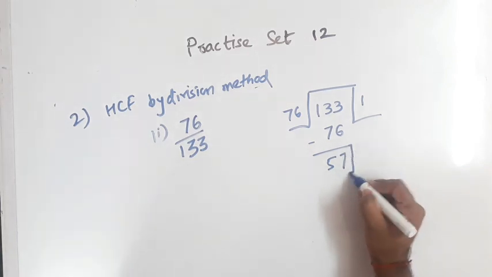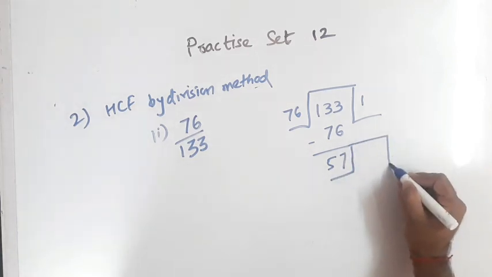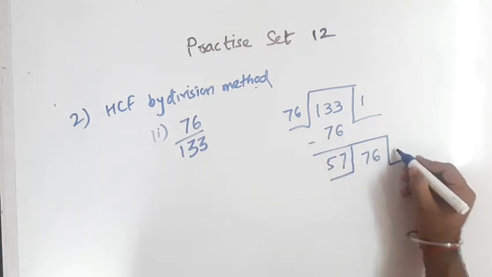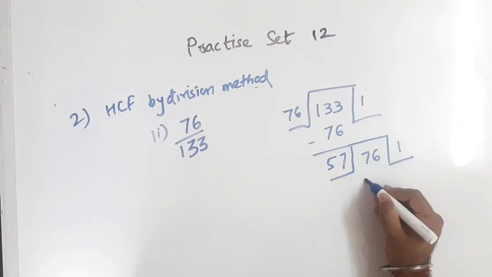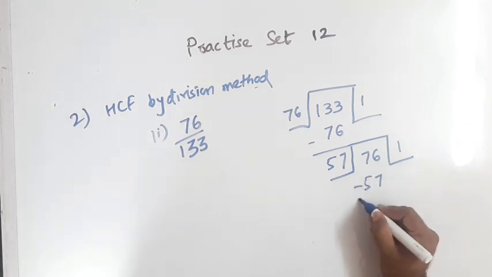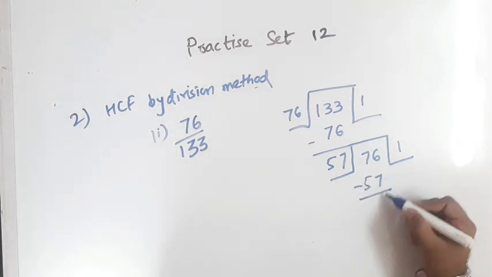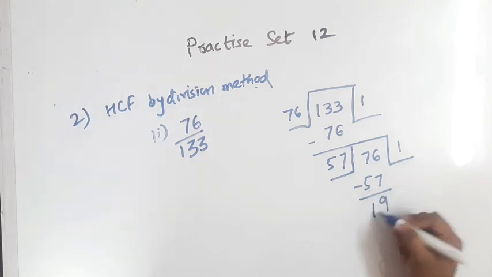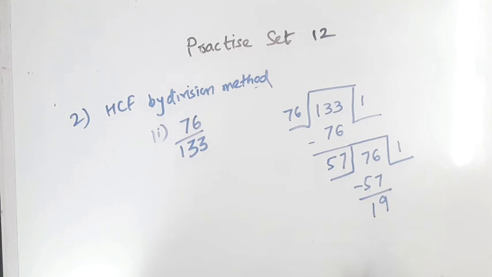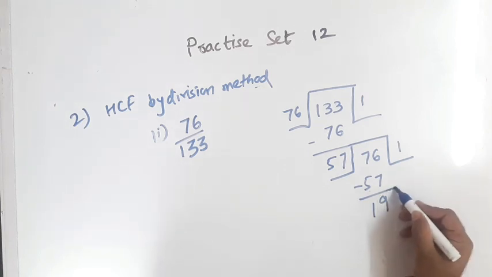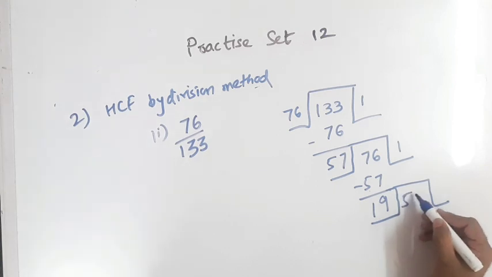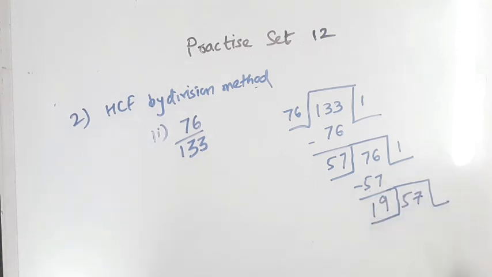This automatically becomes your divisor and this becomes your dividend, 76. So 57, I cannot take 2, so again 57 ones are 57. 7 plus 9 is 16, 1, 6 plus 1 is 7. So 19 becomes your divisor again and 57 becomes your dividend.